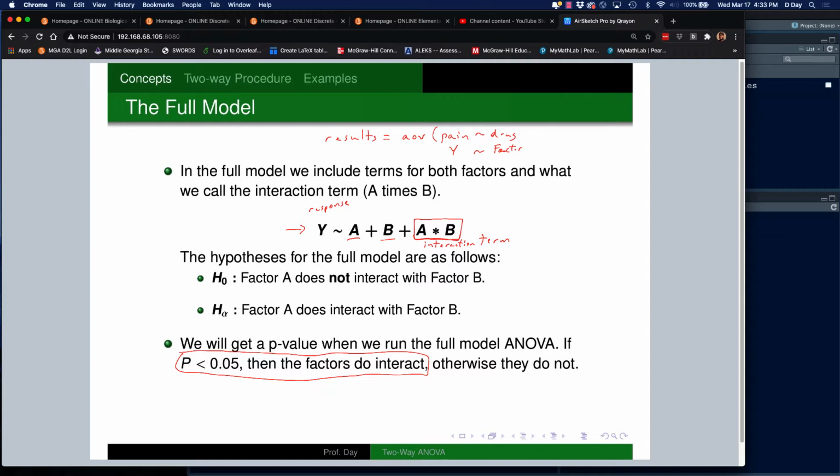If it's greater than or equal to 0.05, then we're going to assume that they do not interact. Most of the time it'll be greater than 0.05. We never land right on those numbers anyway. But we hope that our p-value is big so that we don't have to reject the null in most of these cases. But if we do, there are some other things we can do.